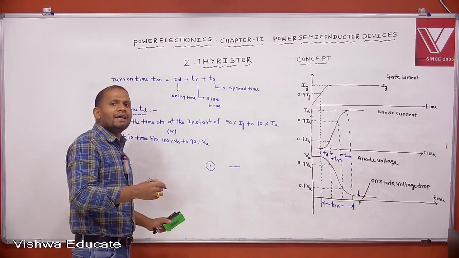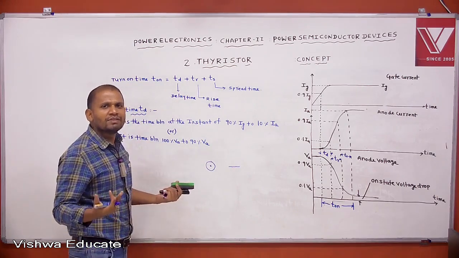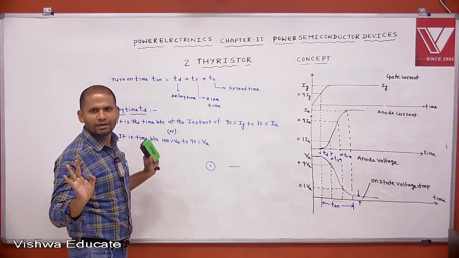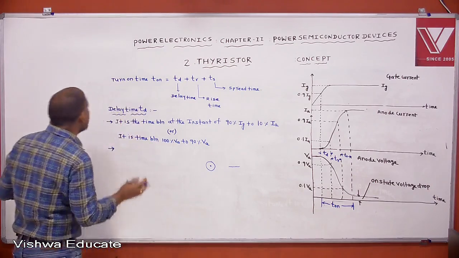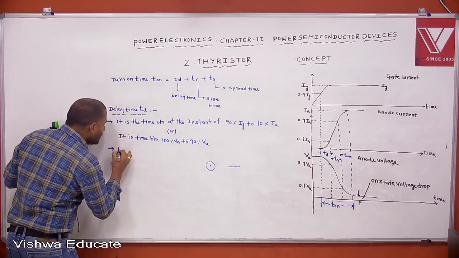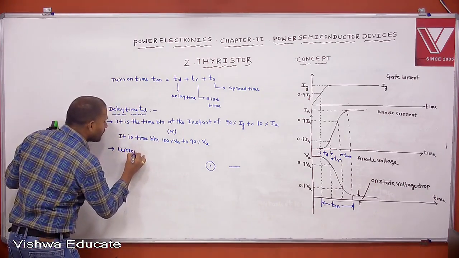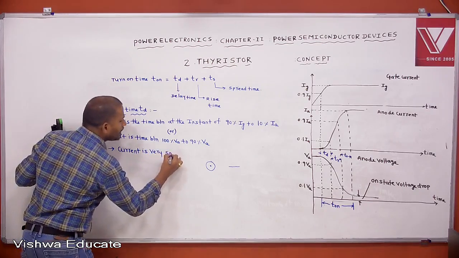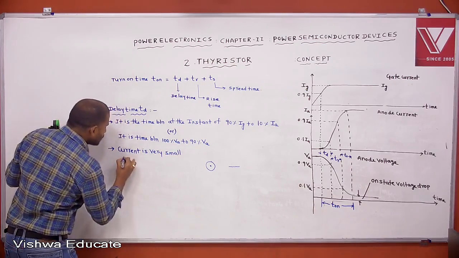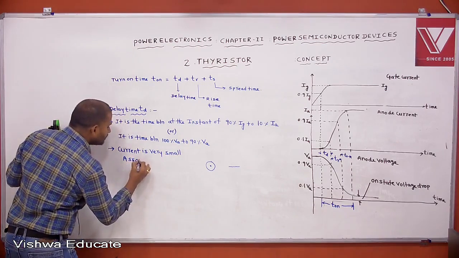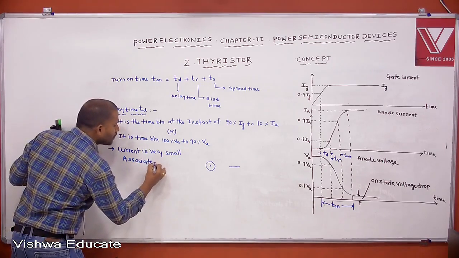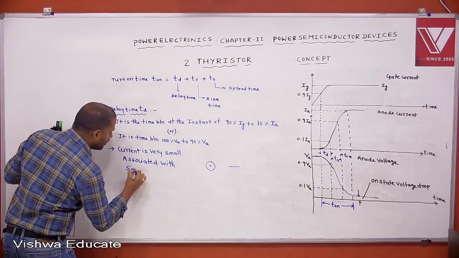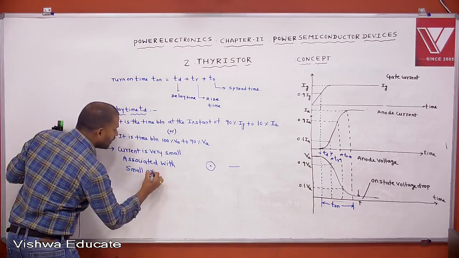In a small area, a small current is flowing, so there is no effect on the SCR; the SCR is properly working. Understood? That's why during delay time, the current is very small, associated with a small area.